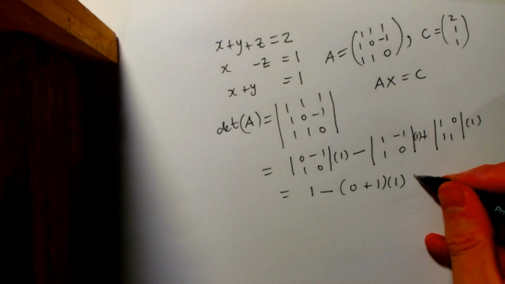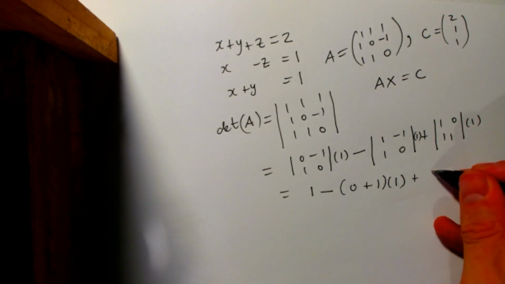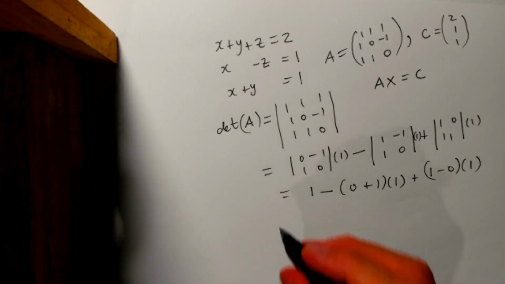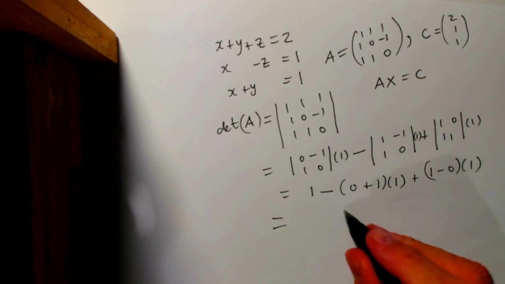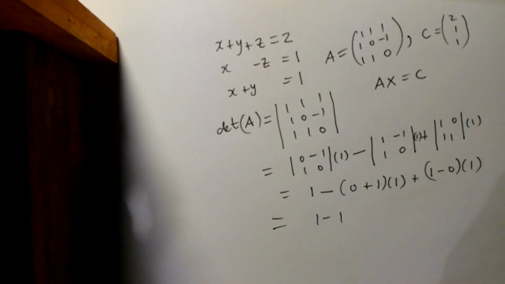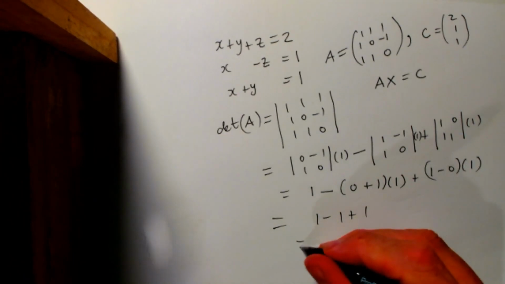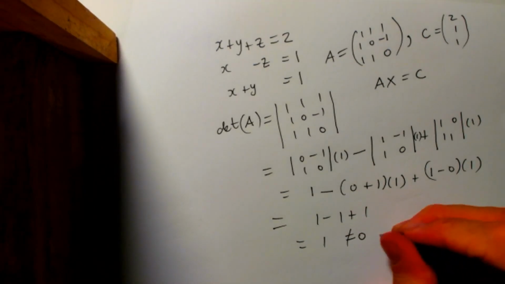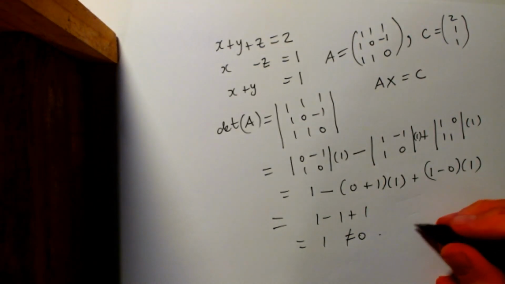And then we have plus 1 times 1 is 1 minus 0 times 1. So what do we get here? 1 minus 1 plus 1 gives us 1. So the determinant of A is equal to 1. Okay, this is not equal to 0, right? So the system has a unique solution.